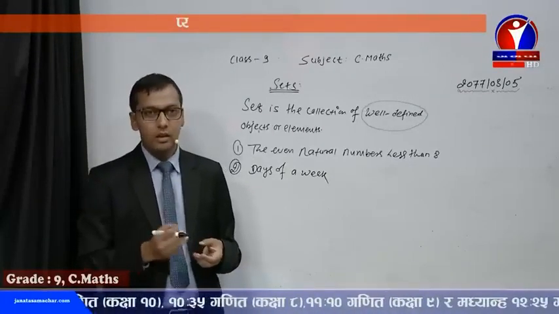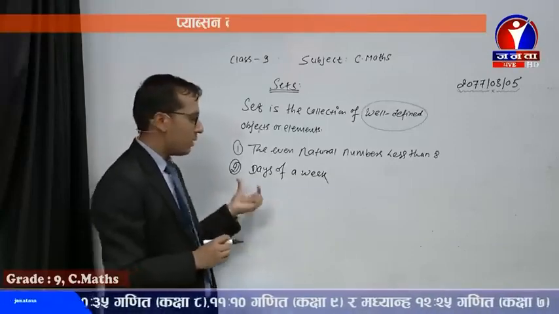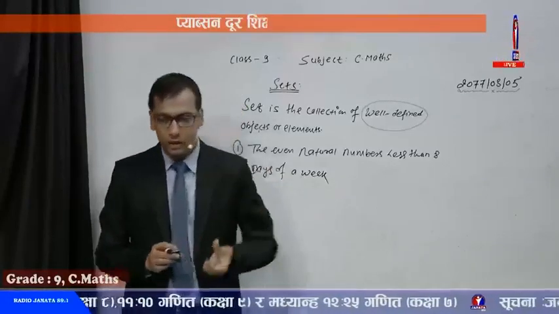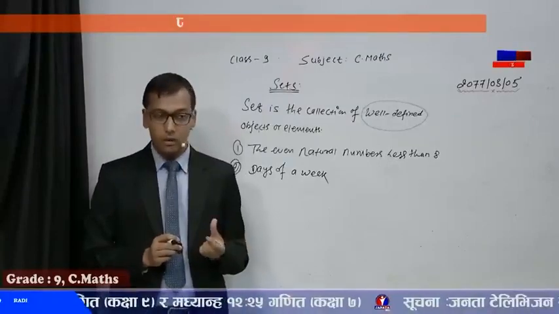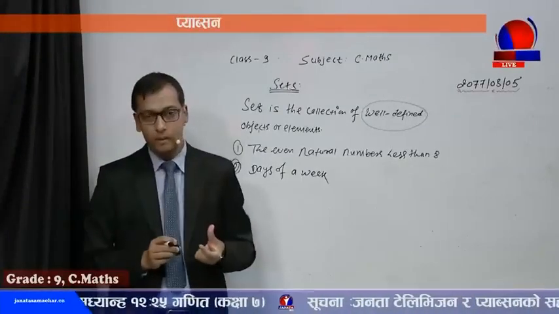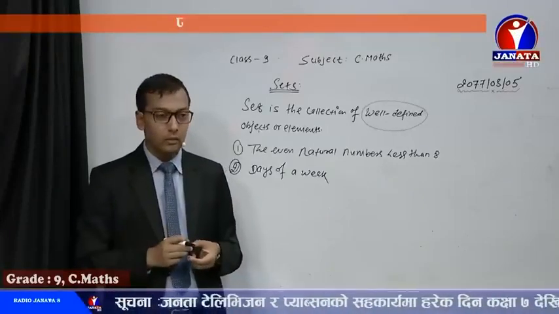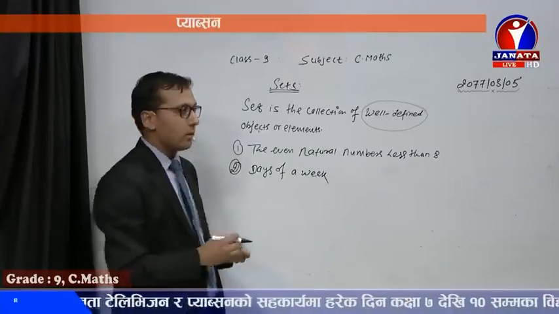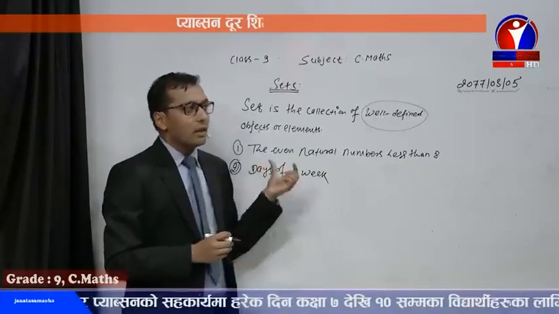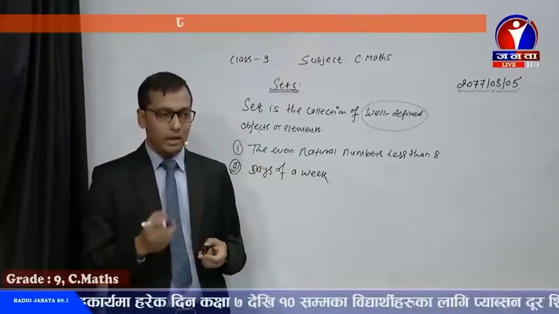The next example of a set can be the months in a year. There are 12 months in a year, and that also can form a set. Now let me talk about what examples cannot form a set.